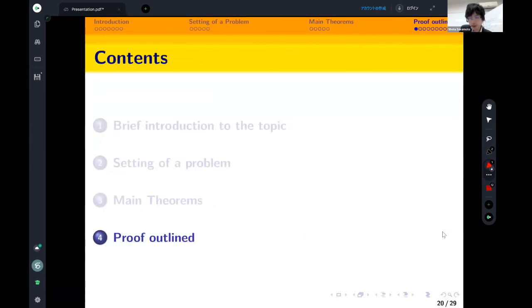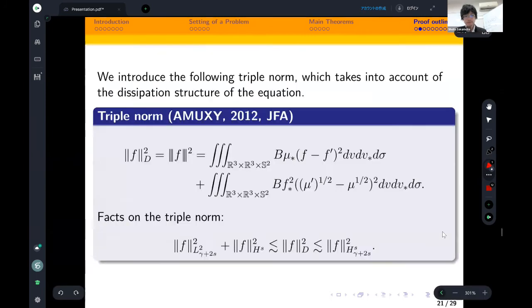And I believe I have 30 minutes left. So I will go into the proof outline, especially for the recent result, theorem 2. So we introduced the following triple norm. This can take into account the dispersion structure of the equation. This was defined by Alexandre et al. I believe that this was defined before 2012, but this important inequality was shown in this JFA paper, so I wrote 2012 JFA.